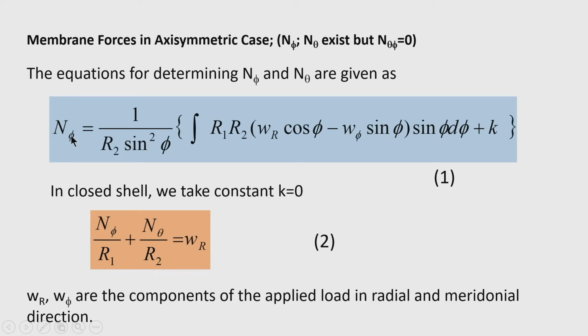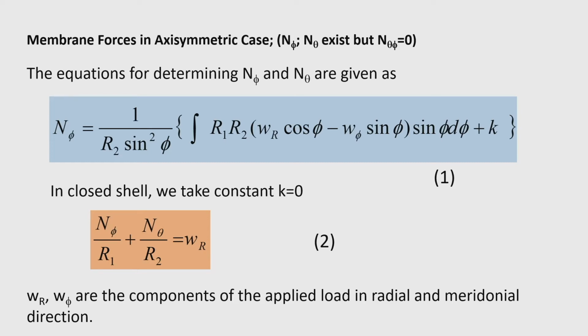You can see this integral: N phi is 1 by r 2 sin square phi, then the integration you have to do of r 1 r 2 into W r cos phi minus W phi sin phi, into sin phi d phi, plus k. K is a constant of integration. Generally it is an indefinite integral, so we put a constant of integration, and for a closed shell, when the limit of integration is 0 to phi at any level of latitude, then the constant becomes 0.